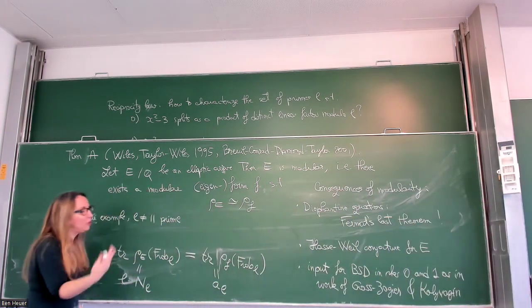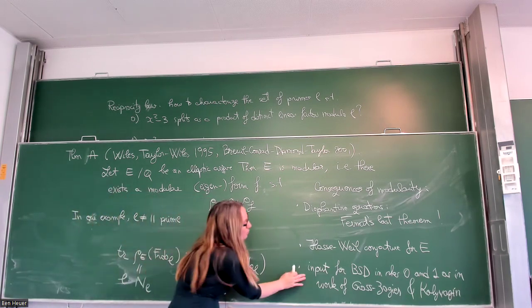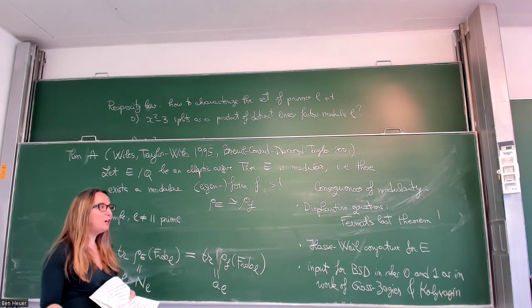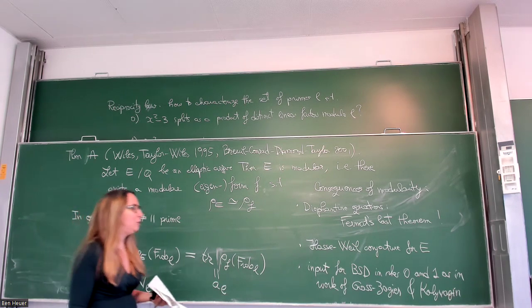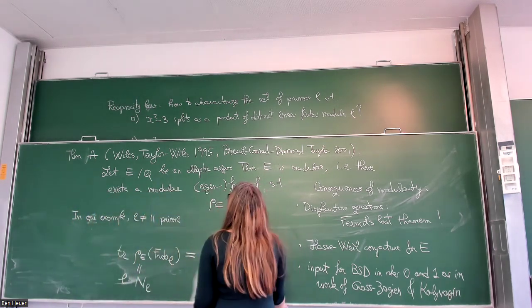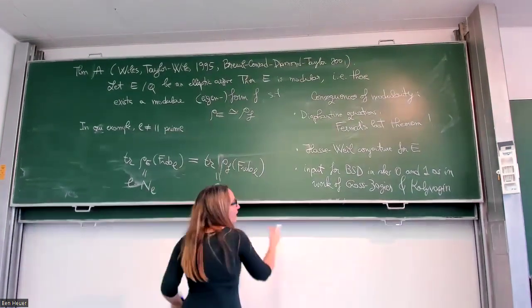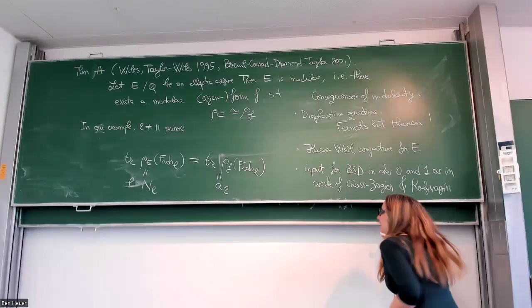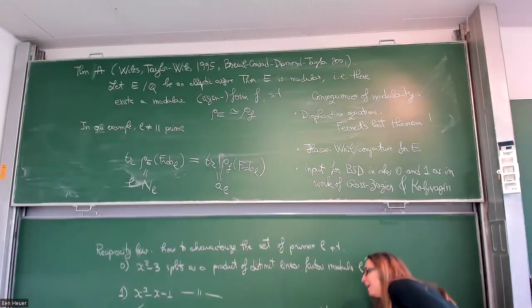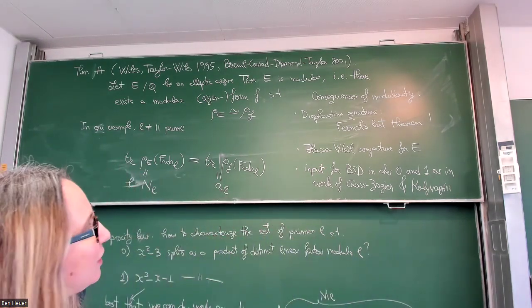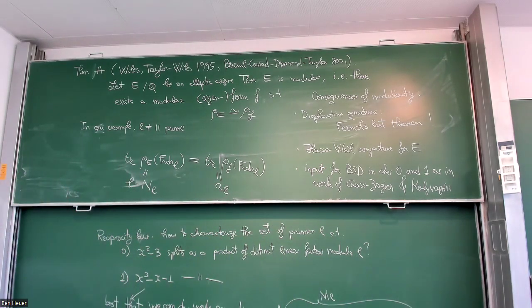So this more geometric meaning of modularity is what comes in here. But in our case, when we're looking at rational elliptic curves, these meanings are equivalent. Okay. So while I erase the next board, if there are any questions about the case of rational elliptic curves, now would be a good time.